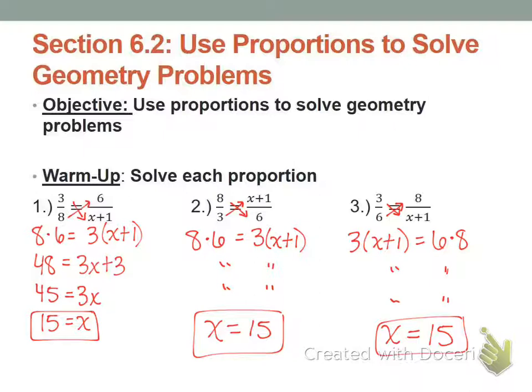If you wrote out all the work on each one, that's fine. You should have gotten x equals 15 every time. Questions about the warm-ups? All right, then let's move on.